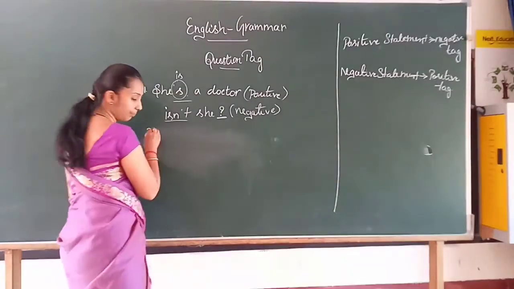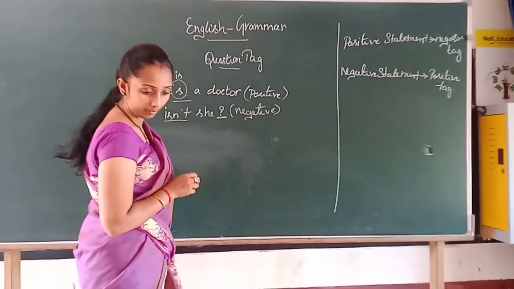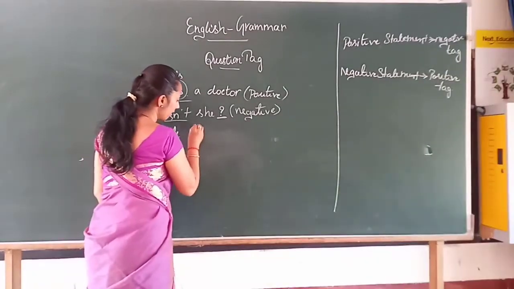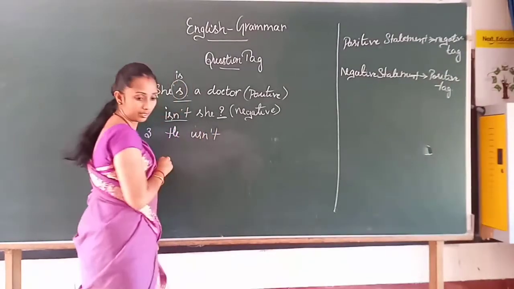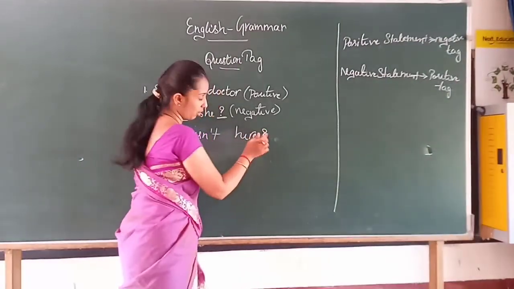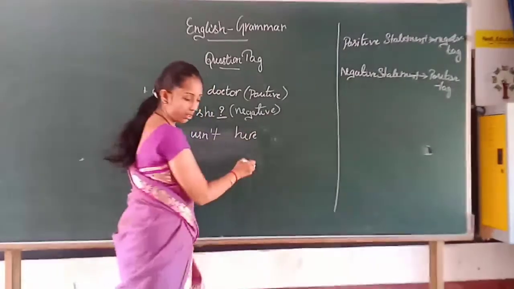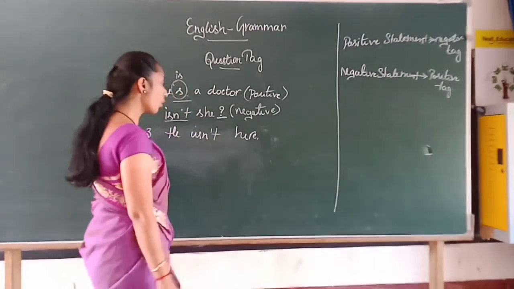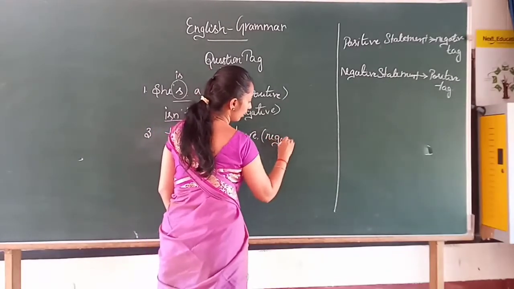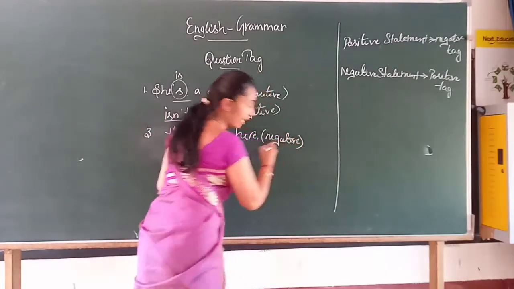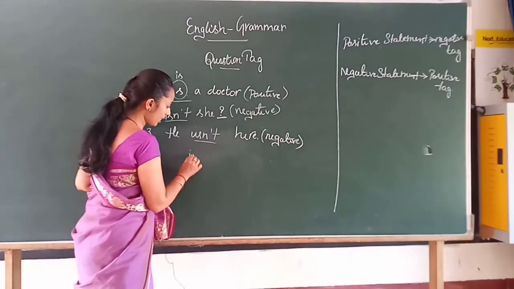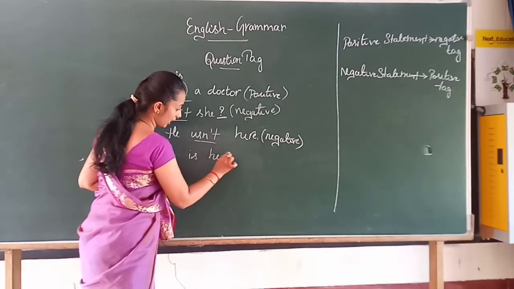Next example. He isn't here. So, what could be your answer? This is a negative statement, right children? So what it should be is he.